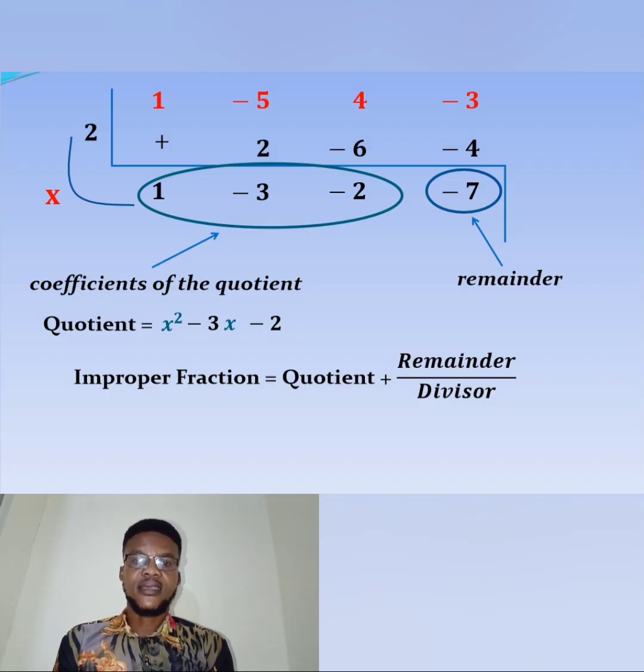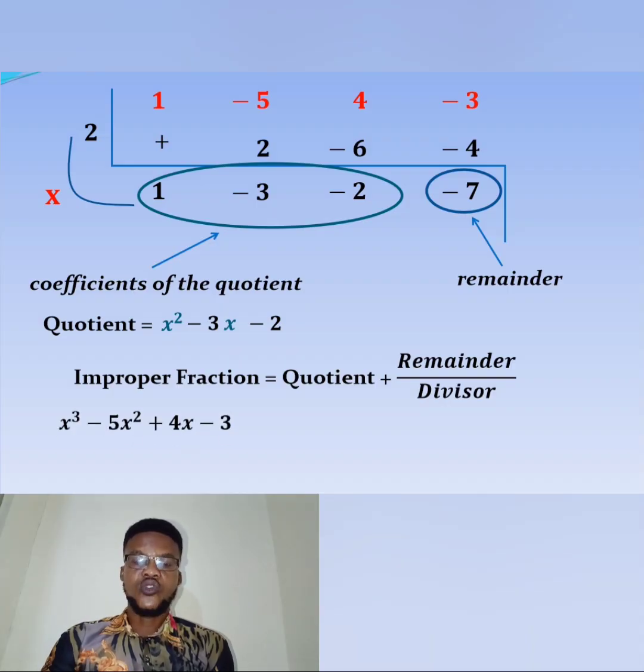I also told you that for the binomial, if you want to divide, always make sure that the highest degree of the dividend is greater or equal to the highest degree of the divisor. Once you realize that, then you can write the improper fraction, because the improper fraction is when the numerator is greater. Have you gotten that? Great.